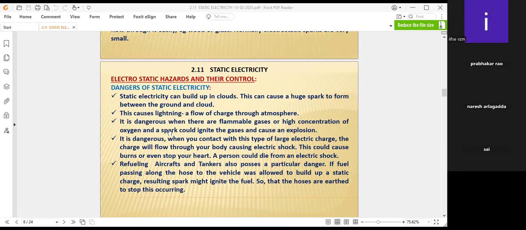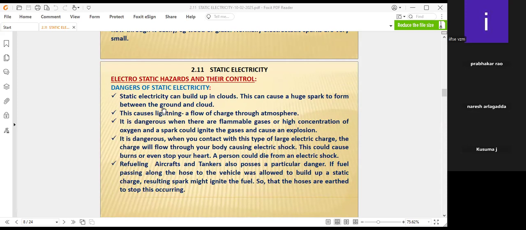That's why lightning is visible to people. This causes lightning, a flow of charge through the atmosphere, whether the electricity builds up in the clouds, between clouds, or from cloud to ground. There is spark leakage, and this is called lightning.